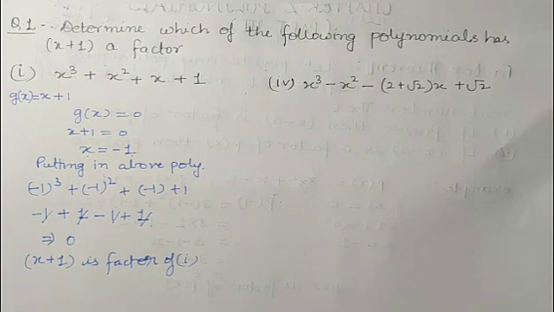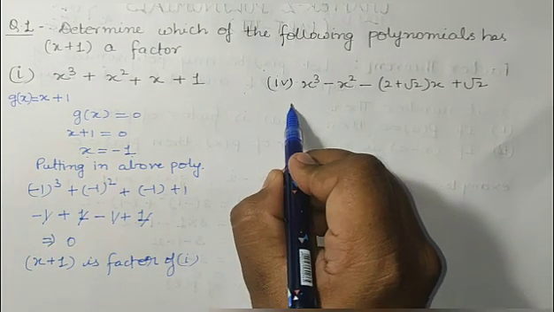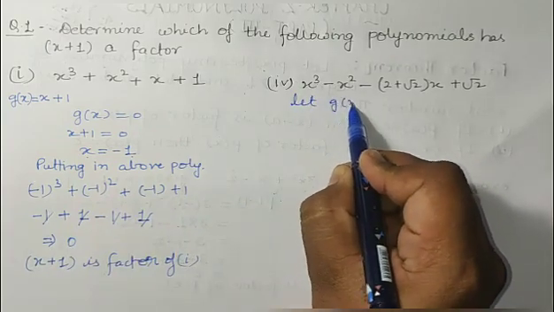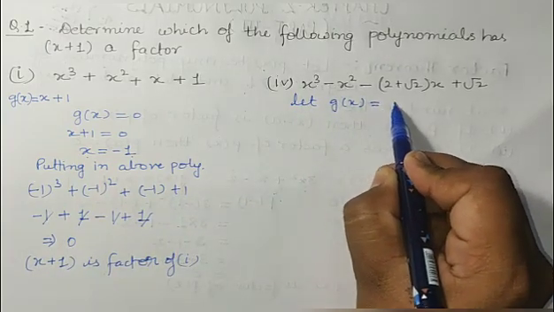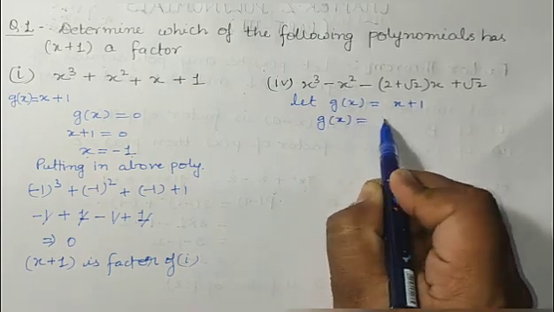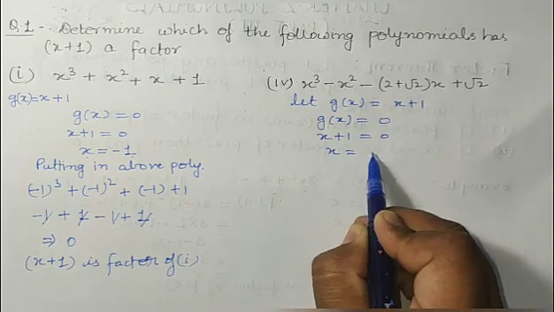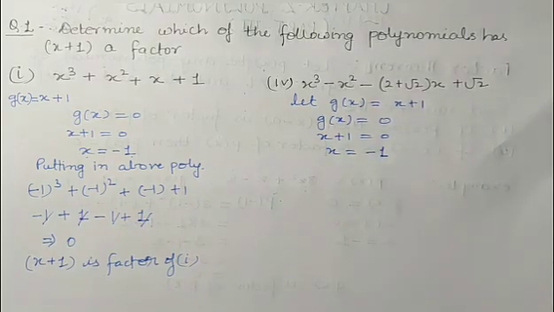The same thing you will do here. Firstly we'll make the divisor. Suppose let g(x) is equal to x plus 1, then you will make this divisor equal to 0. So when you make the divisor equal to 0, you will get the value of x, that is minus 1.